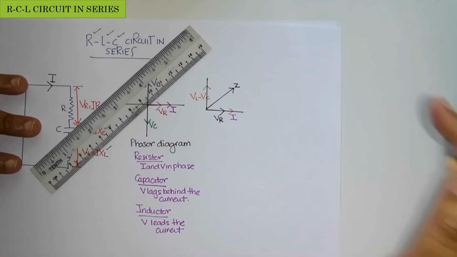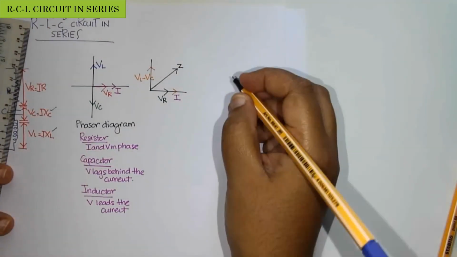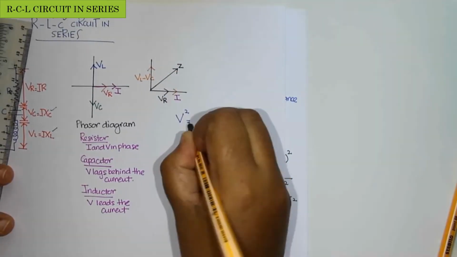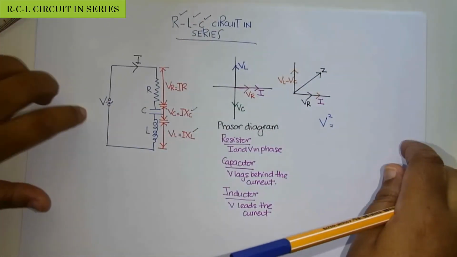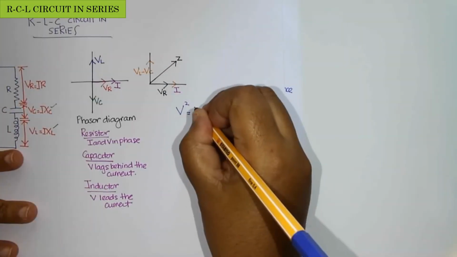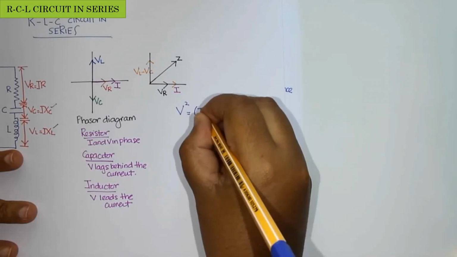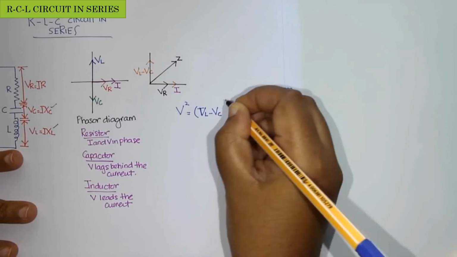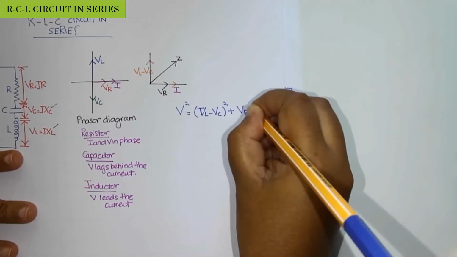So VL minus VC. Total impedance: the total voltage V, the voltage that is supplied to the circuit. V squared equals VL minus VC, squared, plus VR squared.